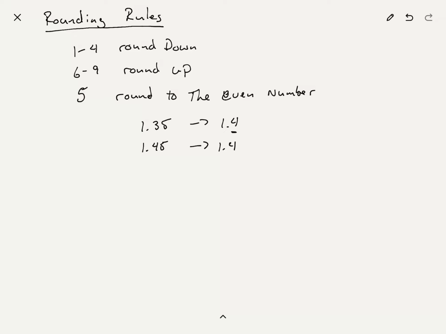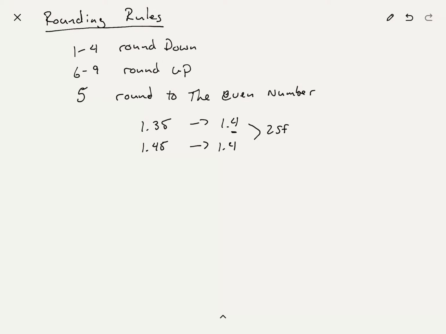We want to go to 1.4. That's the only rule that you probably didn't learn in elementary school about rounding, because typically 5 and up you round up. But when you're dealing with significant figures, you got to have a rule for the 5, and it rounds to the even number.